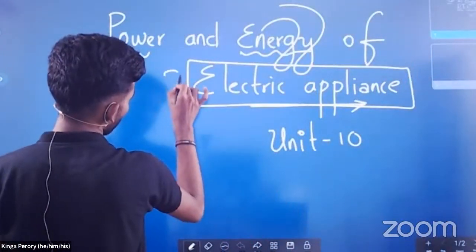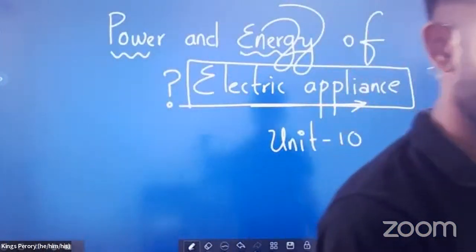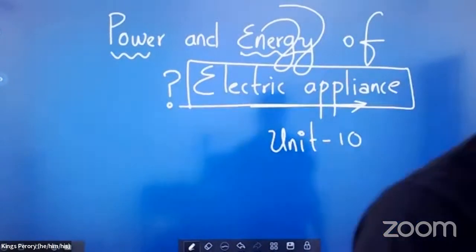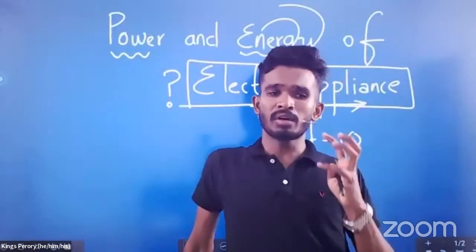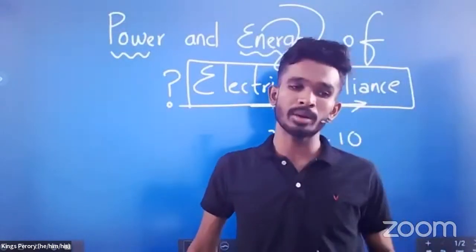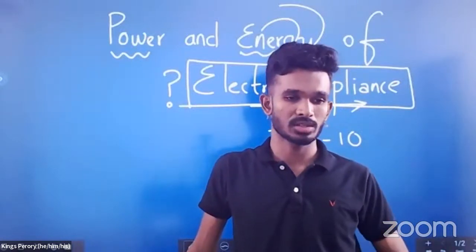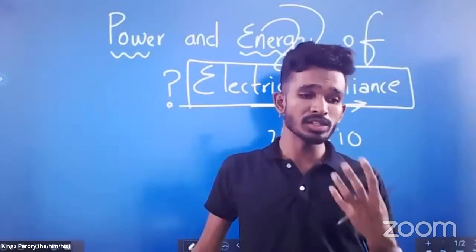First of all, tell me, what is an electric appliance? What is the energy we give to an electric appliance? Electric energy. So using that electric energy, what does the appliance do?